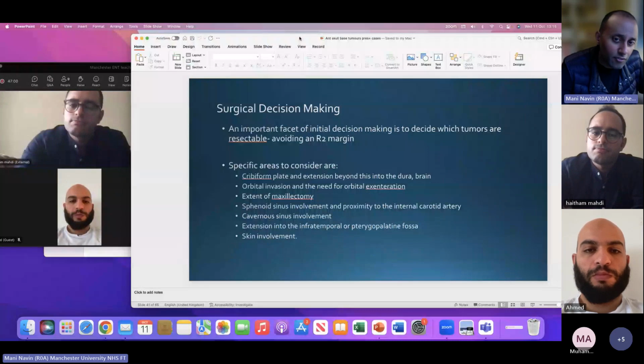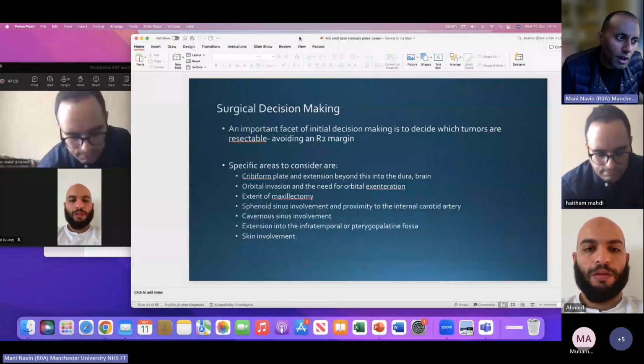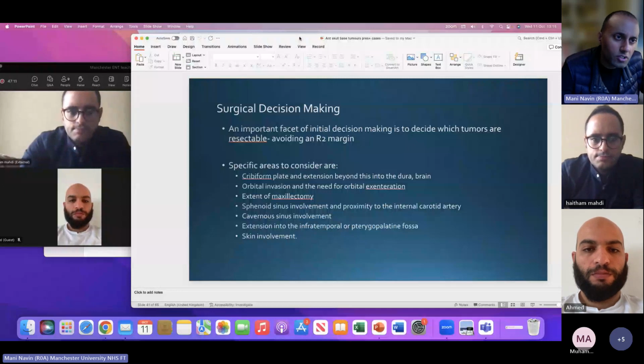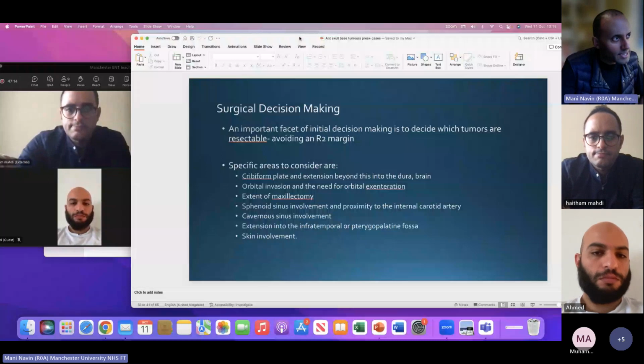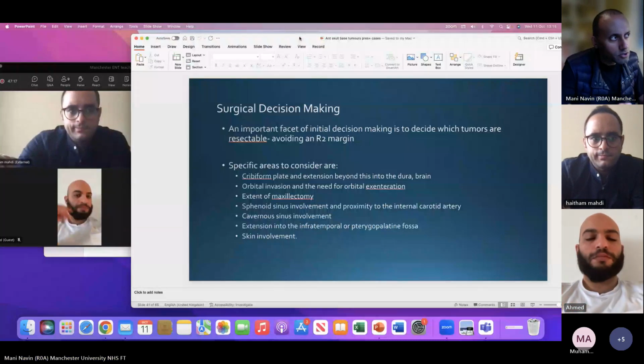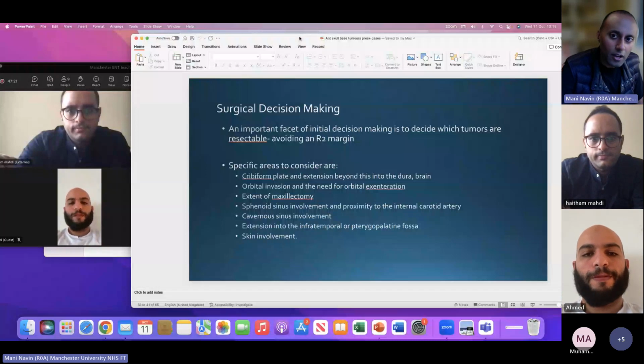If you can identify each of these areas, this will determine what operation you do, what approach you use, and what you need to resect. These are really the key things when you've got the scans in front of you, and you need to be thinking about exactly what you see in front of you here.